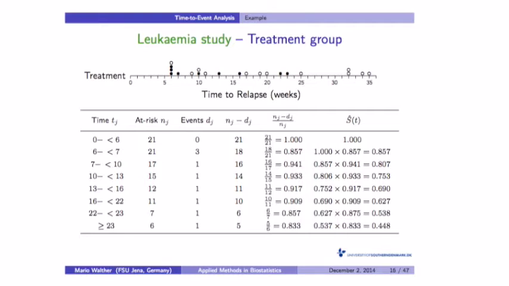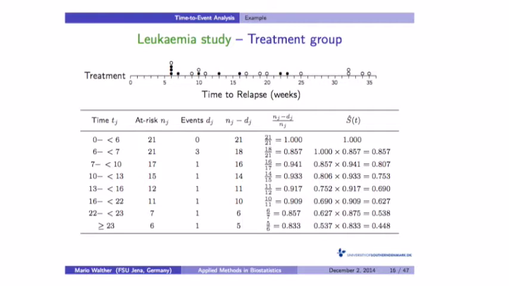In each interval several events occurred, or several patients relapsed. This is the idea, and the difference from the Kaplan-Meier estimator is that for life tables we estimate survival probability for this interval and not for a concrete time.